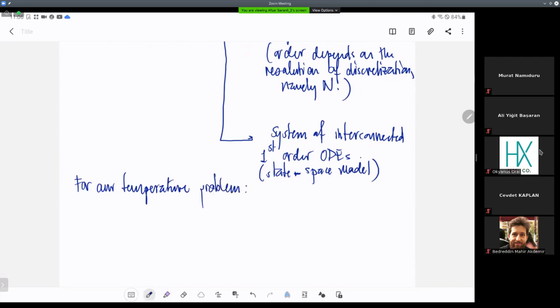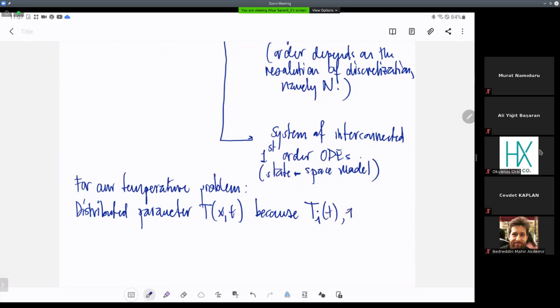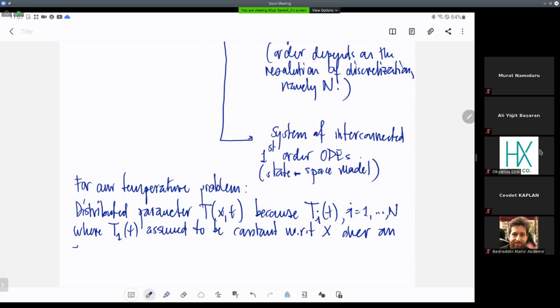Now what's going to happen is that the distributed parameter that we start with, T(x,t), becomes Ti(t) with i from 1 up to n, where Ti(t) is assumed to be constant with respect to x over n elements.